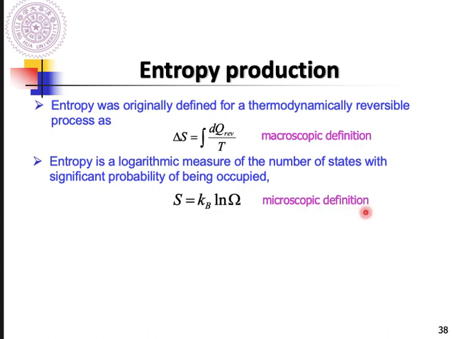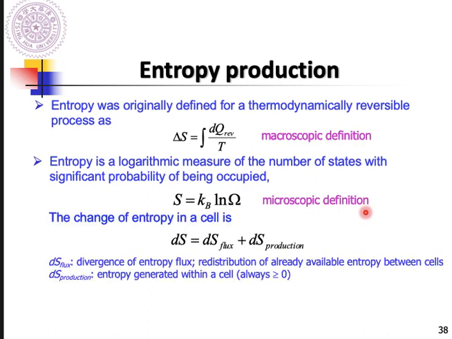But no matter which point of view you use to describe the entropy, the change of the entropy in a system is equal to the change of entropy from the surroundings plus the change of entropy from the production by the system.